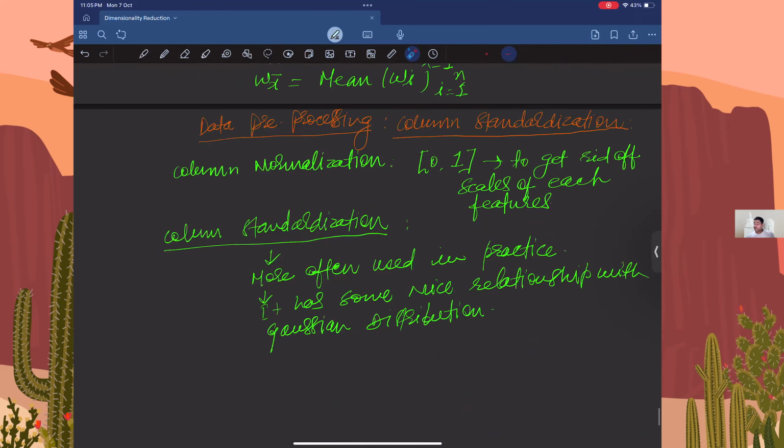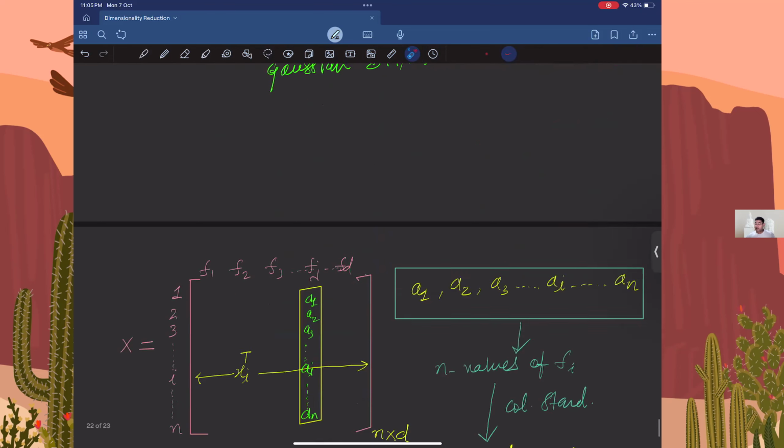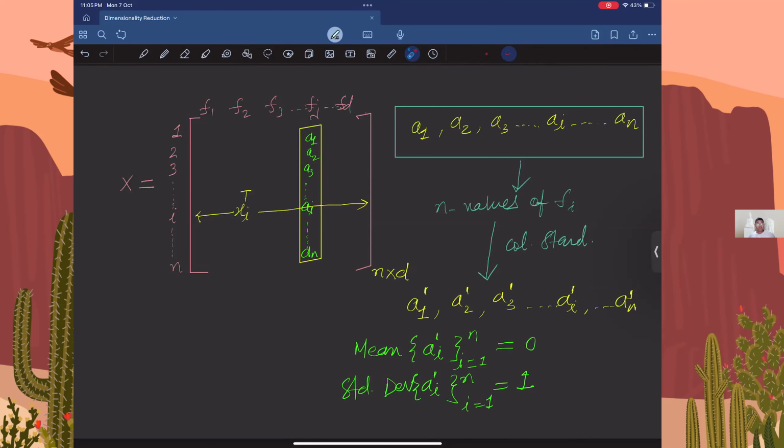But here, in standardizing, we are converting into a form such that the mean of AI dash is 0 and the standard deviation is equal to 1. So instead of all my values lying between 0 and 1, I want the mean to be 0 and I want the standard deviation to be 1. Fine.